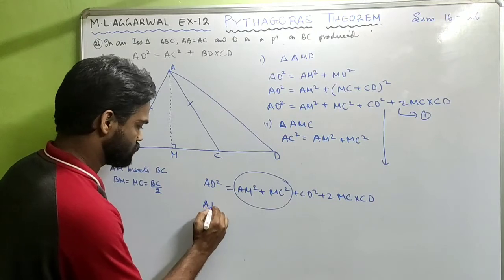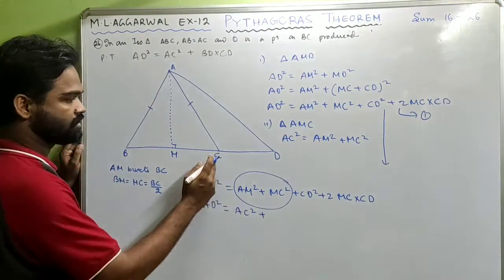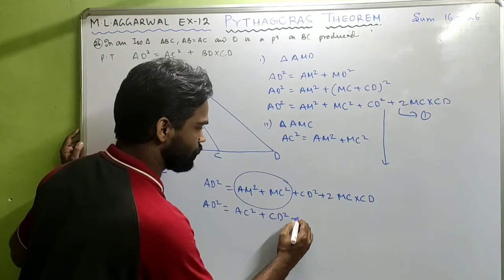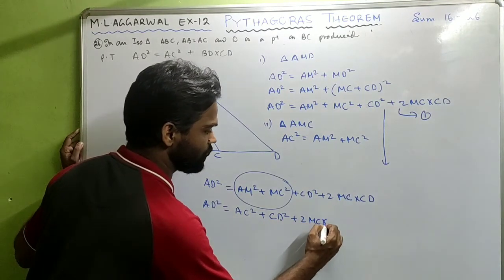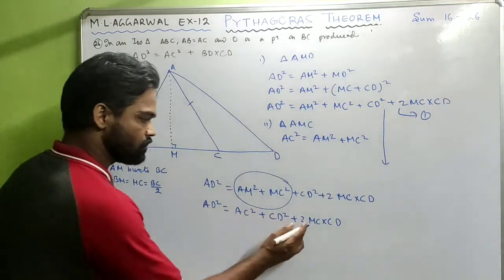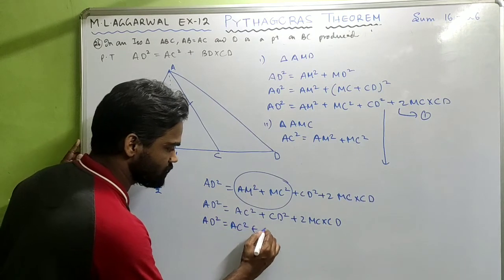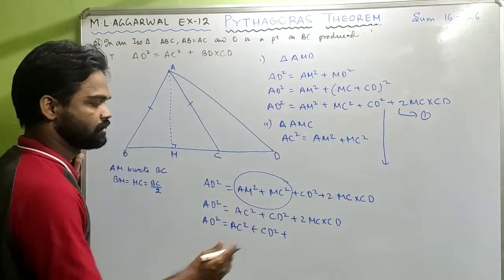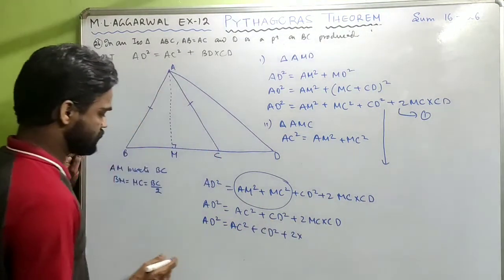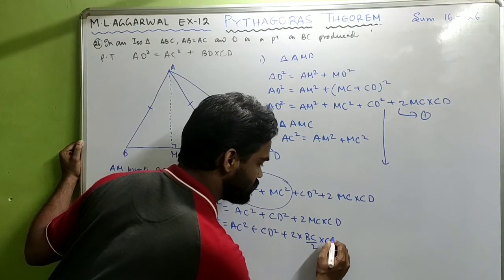Definitely. So AD square equals AC square plus CD square plus twice MC multiplied by CD. Now look over here. MC equals half of BC. So we'll substitute the value. So AD square equals AC square plus CD square plus twice into MC, which is half of BC. So BC by 2 into CD.